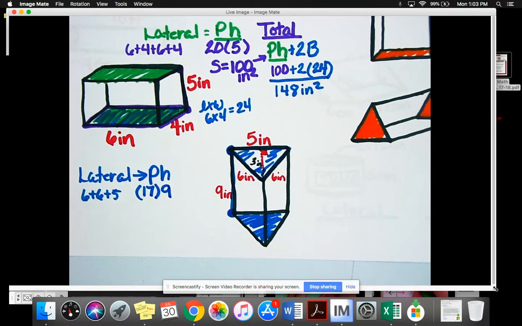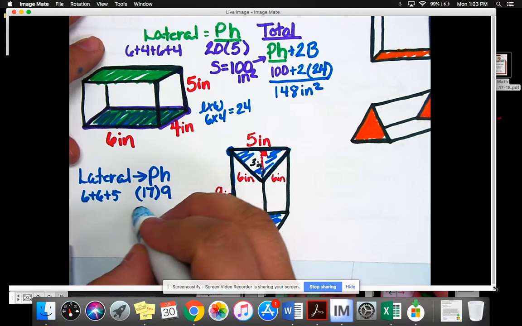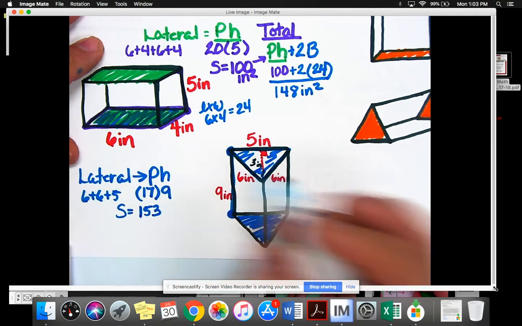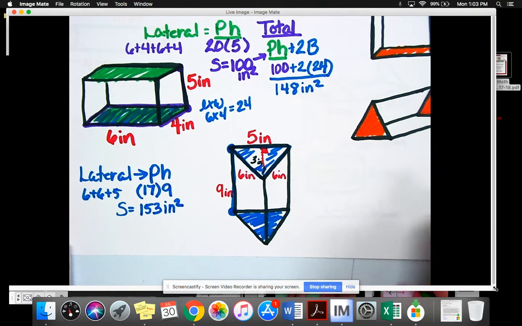So we're going to grab our little calculator really quickly. And 9 times 17. 17 times 9 is going to give us 153. So this one, surface area here is going to be 153 inches squared. That's our lateral surface area.